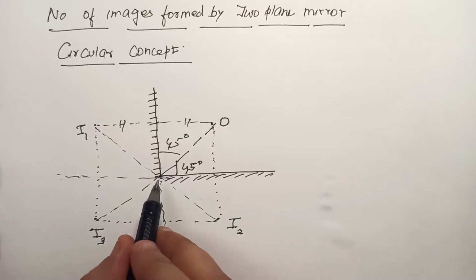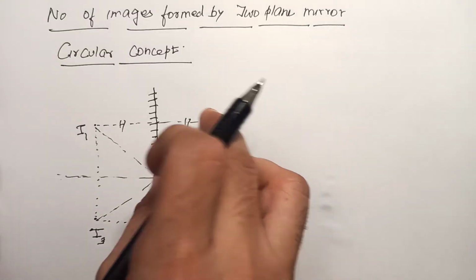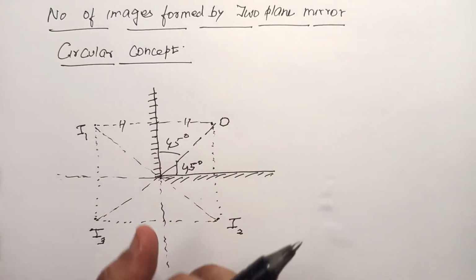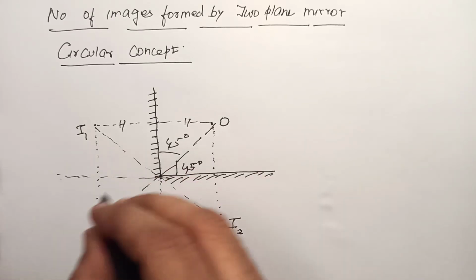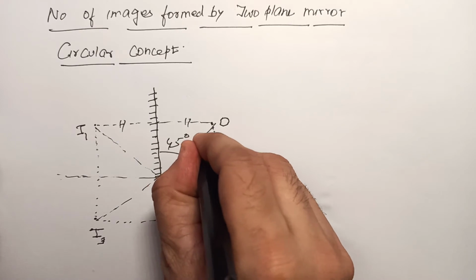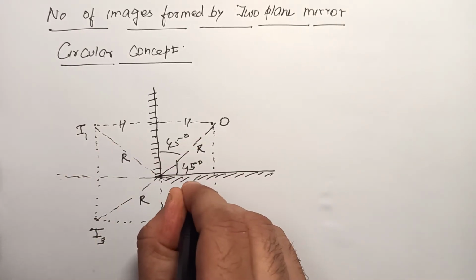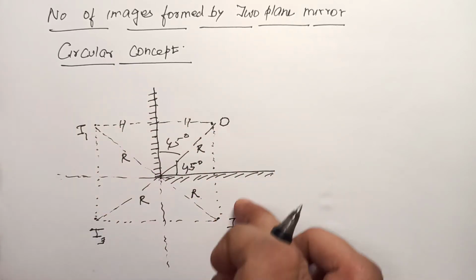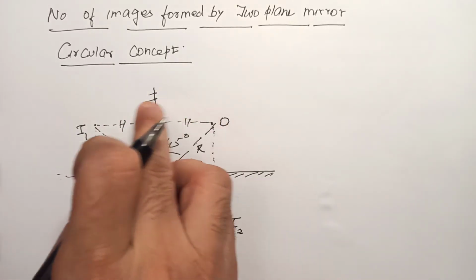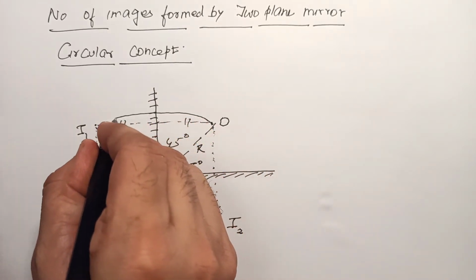Now that means that if we treat this as center, then when the distances are the same, it means it is a radius, correct? So we can say this is a radius, this is also a radius, this is also a radius, and this is also a radius. See, all the points will fall on a circle if we draw it something like this.